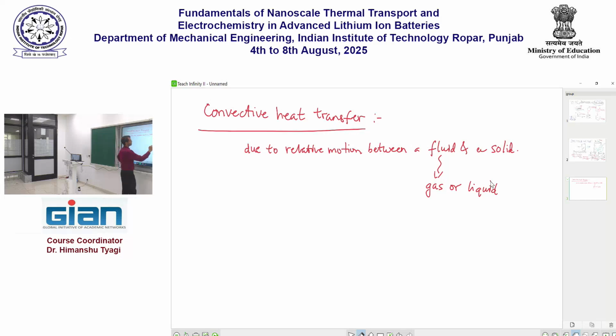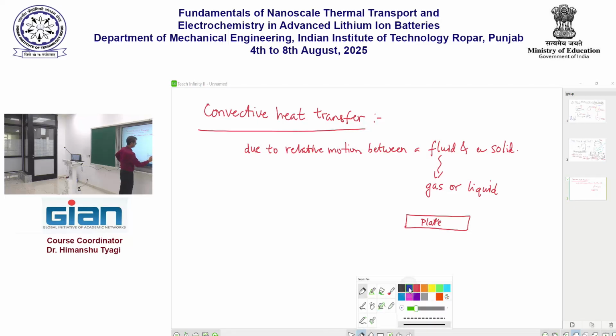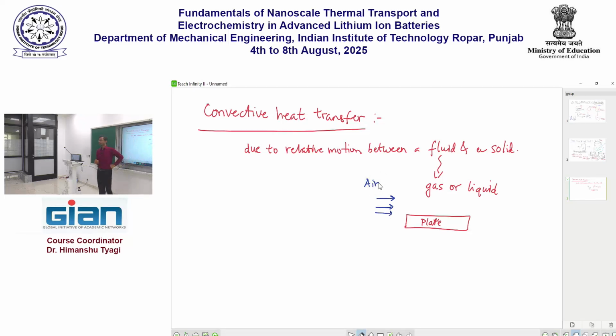So if I have a solid body such as a plate, and if I blow air over this plate, then if the plate is hot and the air is cold, then as the air passes over the plate, it steals a little bit of heat from it.